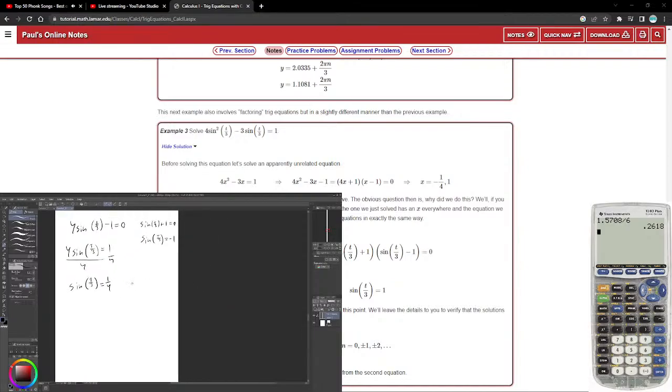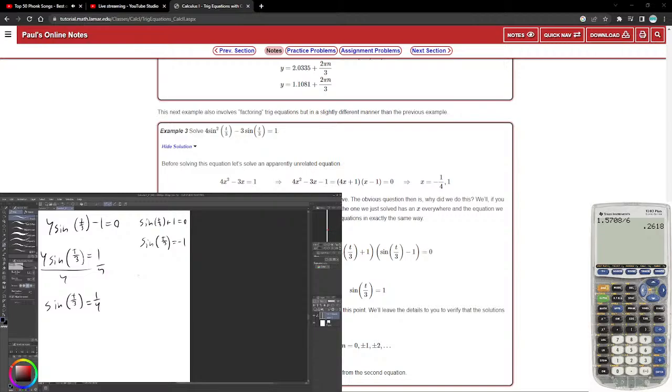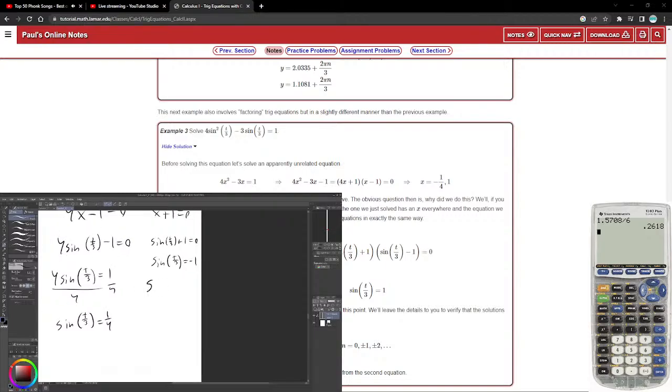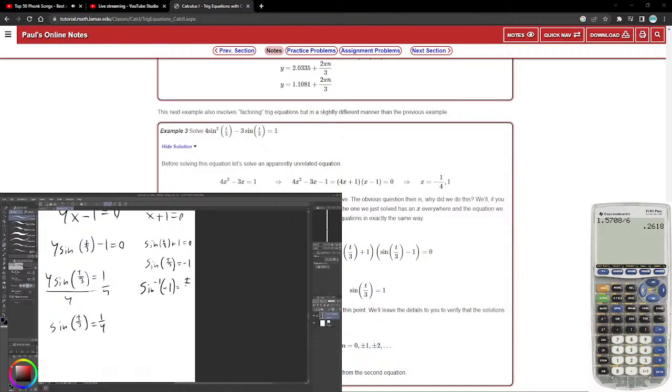So now I gotta solve both of these. So inverse sine of -1 equals t over 3. When sine is -1, there's only one solution to that, right?